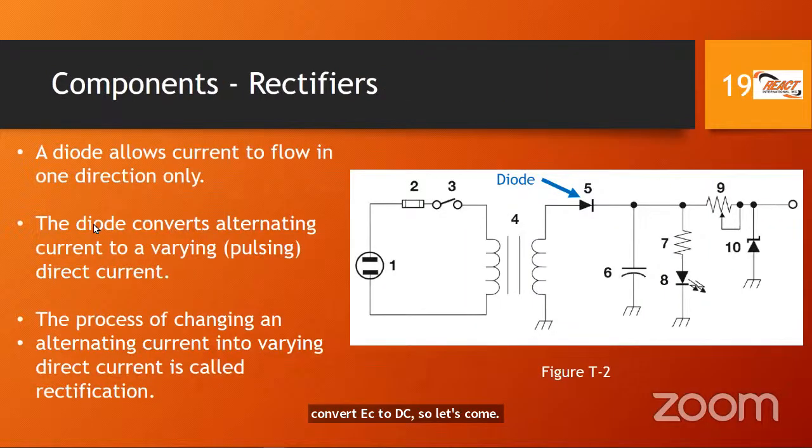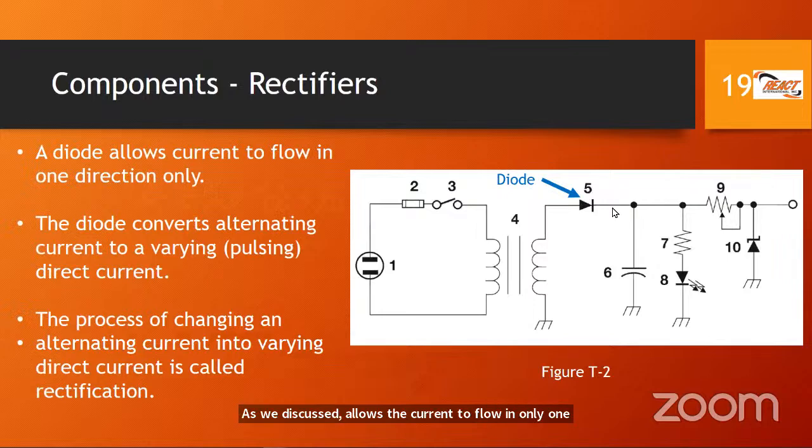Right, so rectifiers. We talked about rectifying the AC and turning it into DC. The component that we need to use, after we've reduced the voltage using a transformer, is a diode. This is the same power supply circuit that you saw earlier. The diode, as we discussed, allows the current to flow in only one direction.